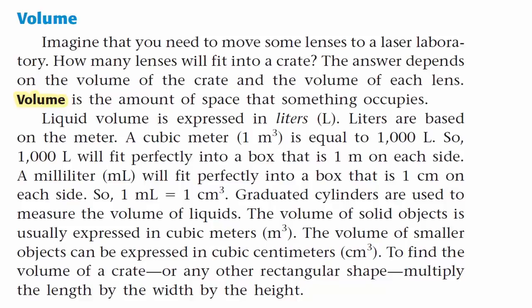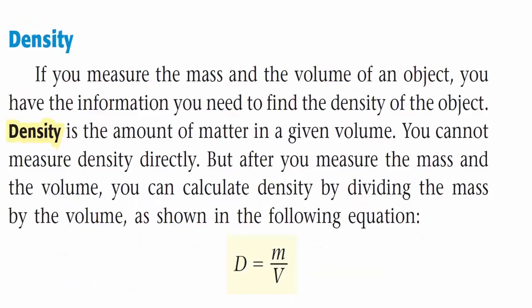The volume of solid objects is usually expressed in cubic meters. The volume of smaller objects can be expressed in cubic centimeters. To find the volume of a crate or any other rectangular shape, multiply the length by the width by the height.